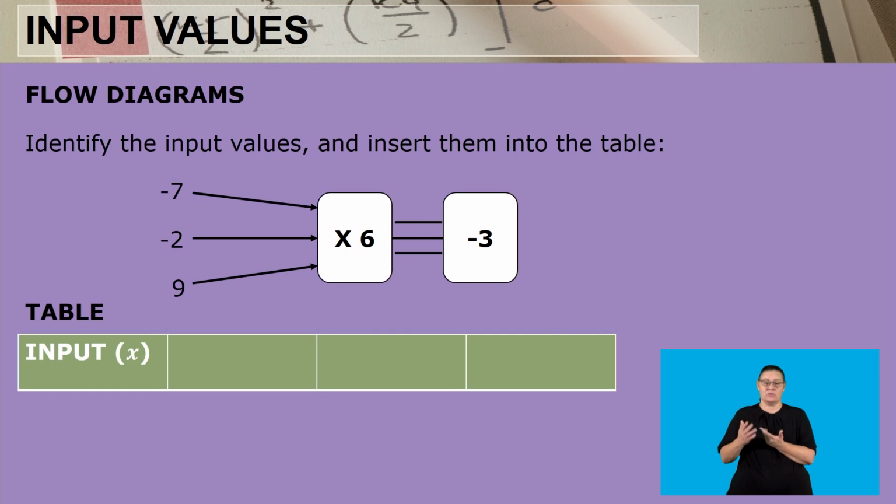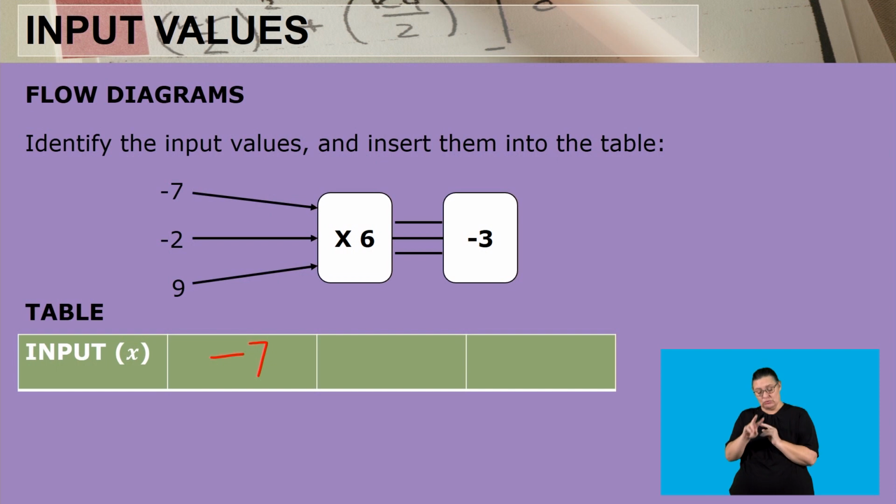So which input value is this rule going to apply to? Yes, it is the -7. So -7 is the one that is going to be multiplied by 6, and then 3 is going to be subtracted from that product. And that is going to produce for us the result. But the number that was inserted in is the input value.